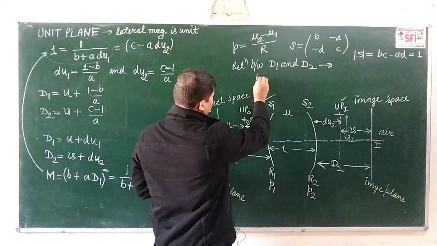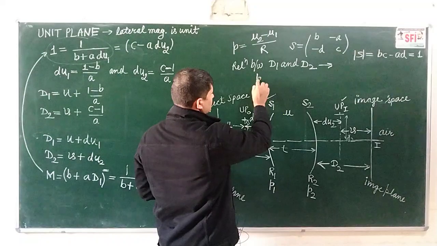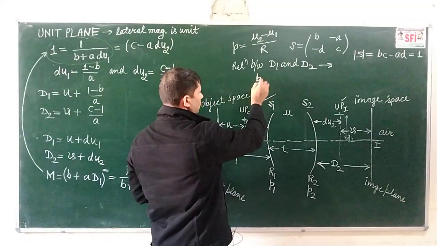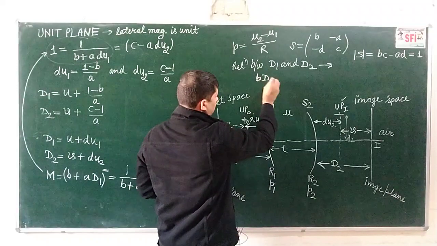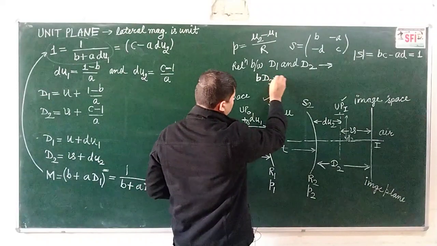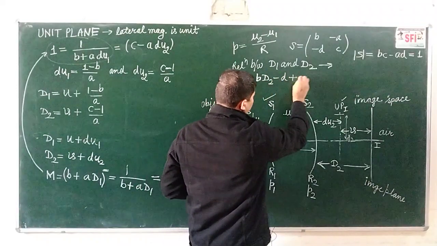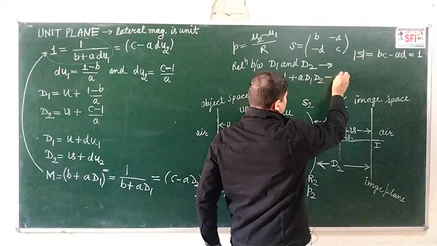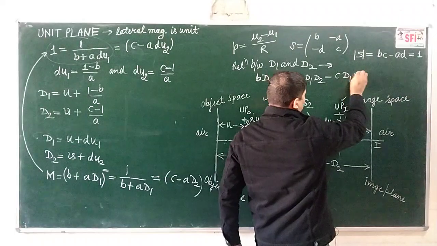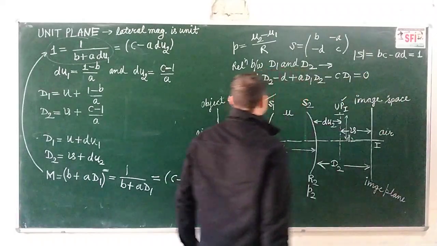The relation we obtained was B, which is one of the elements of the system matrix, then D2 minus D plus A D1 D2 minus C D1 equal to 0.